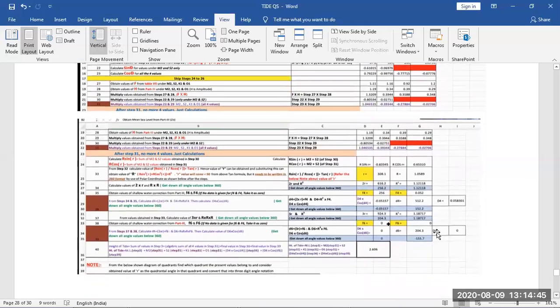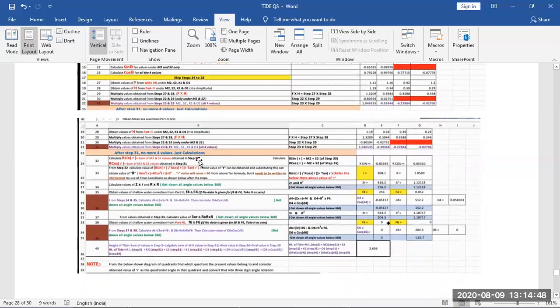Now for the calculation of R sine r and R cos r. The M2 and S2 values we added give R sine r, and for M2 and S2 we likewise get R cos r.